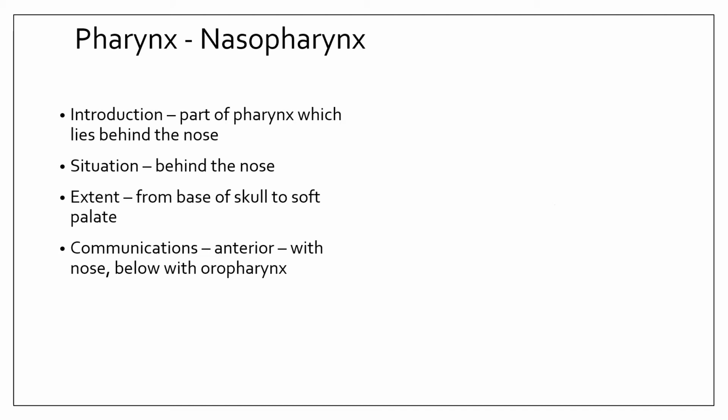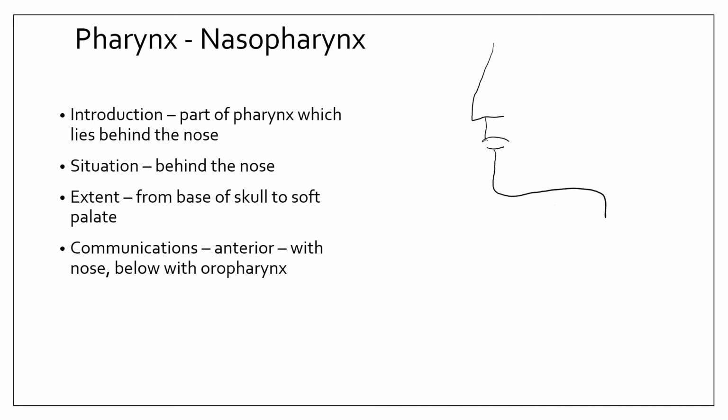Coming to each part, the nasopharynx. Now we will discuss each part under the following heads: its introduction, its situation, extent, communications, some relations and what lies inside it, what is the nerve supply and what is the function. So as we have seen in this figure, the nasopharynx is the part which lies behind the nose.